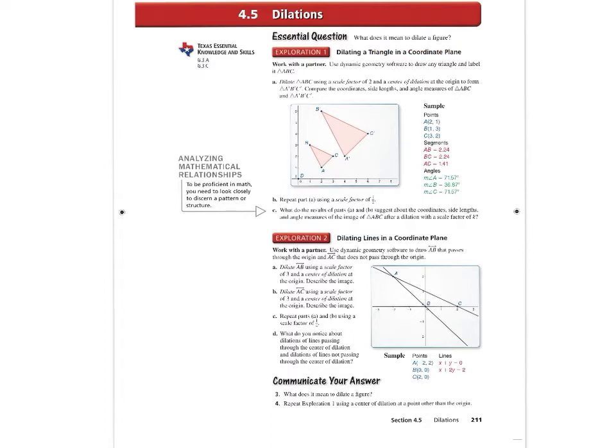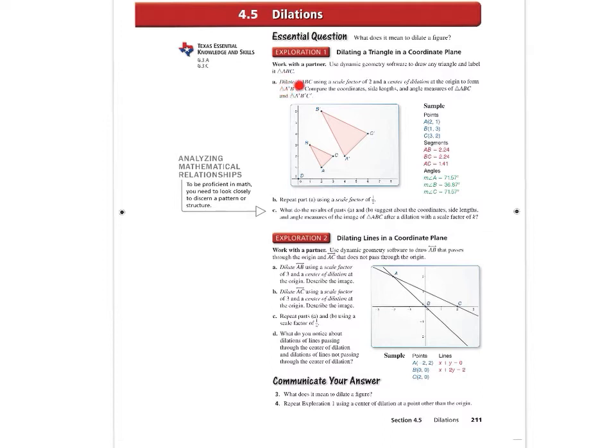On the first page of your textbook, page 211, we see two explorations in which you have an opportunity to use your dynamic geometry software, which is your graphing calculators, to draw triangles, label, and dilate.